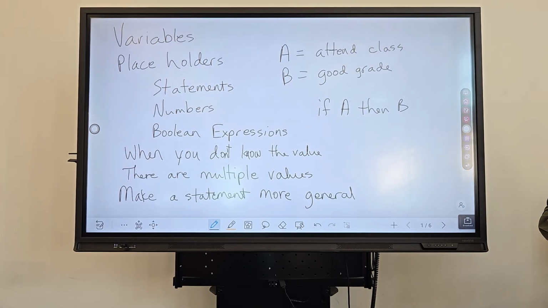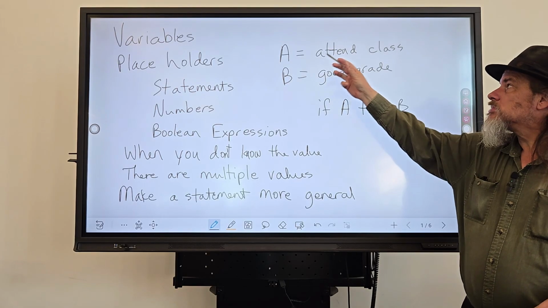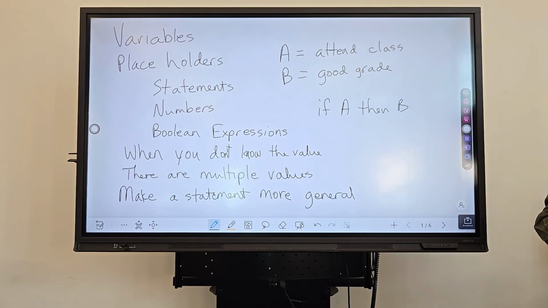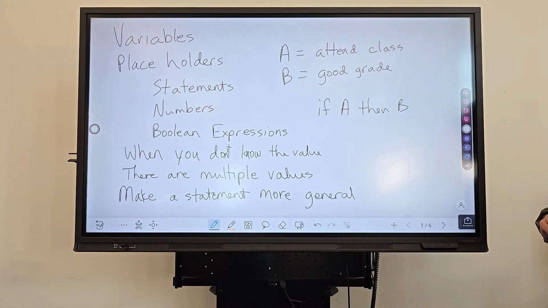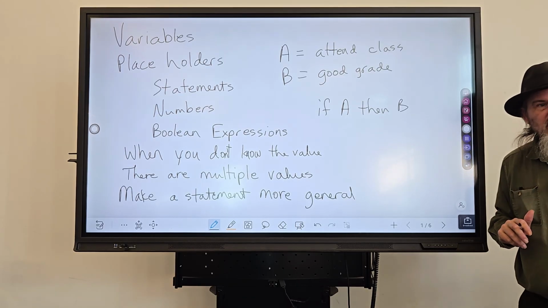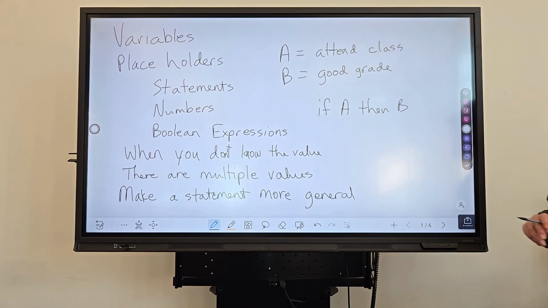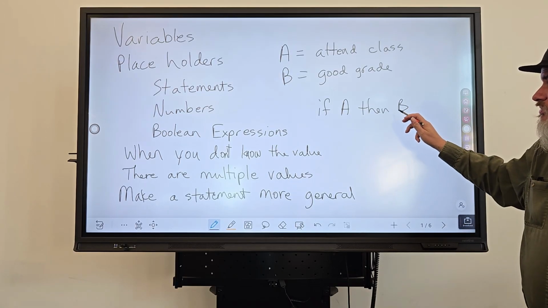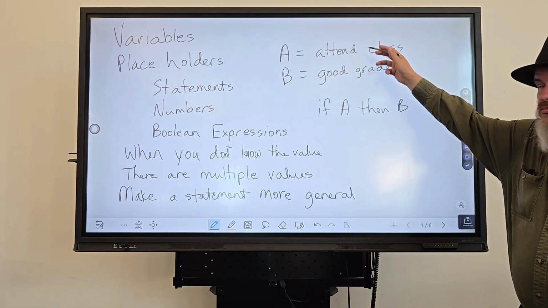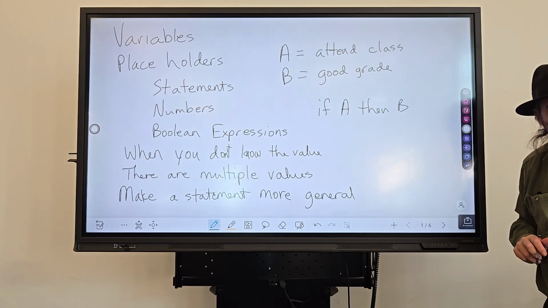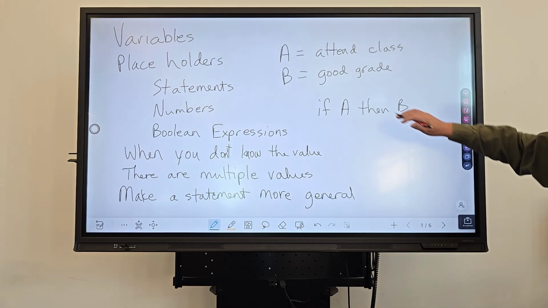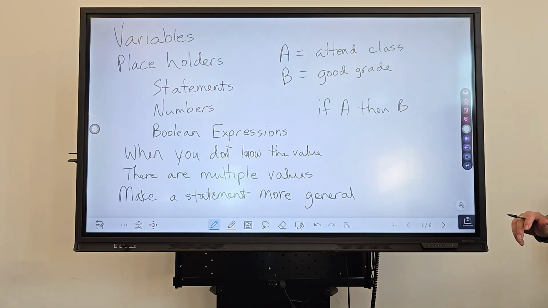This is a situation where the variables are placeholders for different statements, and you'll see the form if A then B several times through the course of the semester. This holds true for various values for A and B. So the truth values for this statement would be the same.